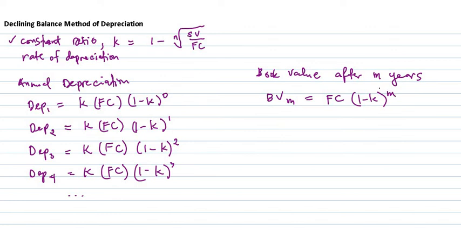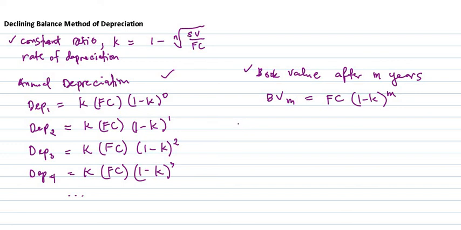That is how we compute the annual depreciation and the book value. If we want to find the total depreciation, let's say after 3 years, then we add the first year depreciation, Dep sub 1, plus Dep sub 2 plus Dep sub 3. That is the total depreciation.